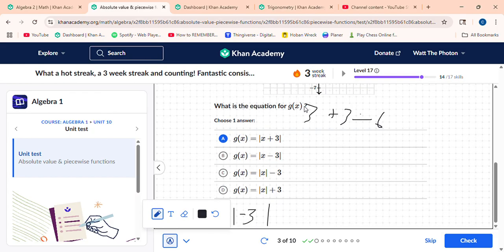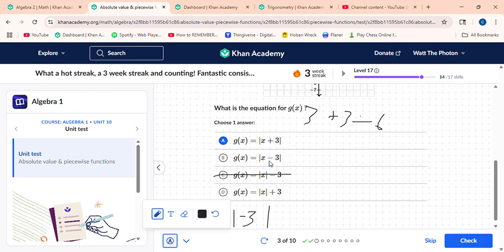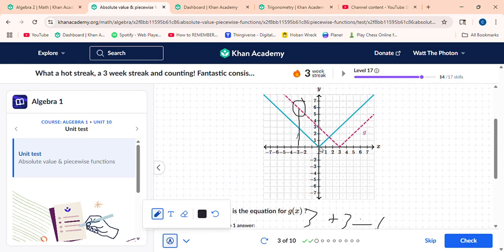Which is right here. But not this. Maybe that. Not this. Maybe that. Put 0.